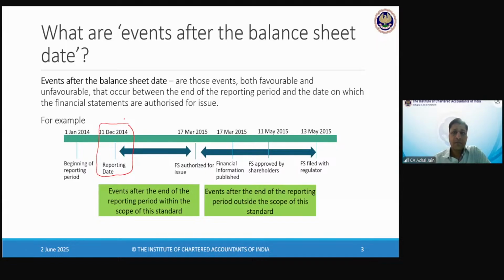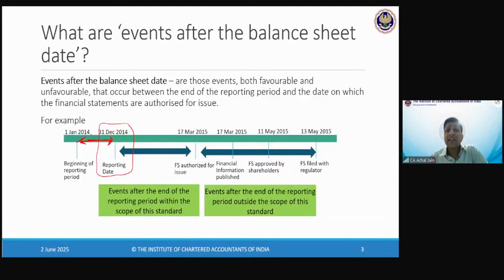Now, during the year, that is 1st January to 31st December, any transaction that will take place, any sort of event, any transaction, all of these will be required to be recorded by the entity. Yes or no? So in the normal course, that is what you will do. That will be recorded by the entity, correct? So now, as far as this part is concerned, this is our reporting period.